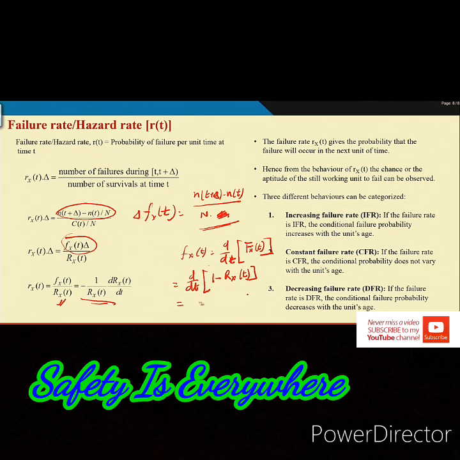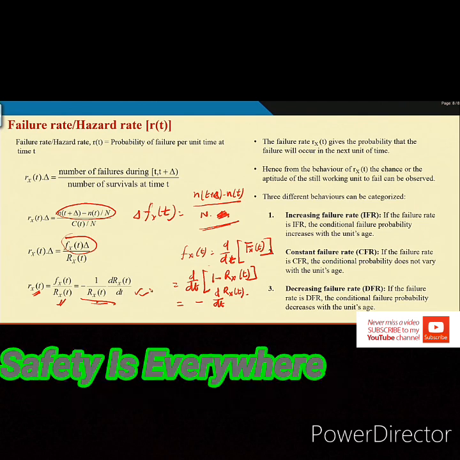So, if you take the derivative, this will be 0 and this will be minus d by dt of R(t). So, if you write it in this form, then the hazard rate will be minus 1 by R(t) into dR(t) by dt. That means the hazard rate in terms of reliability. Okay. So, that is the definition and the derivation of hazard rate.